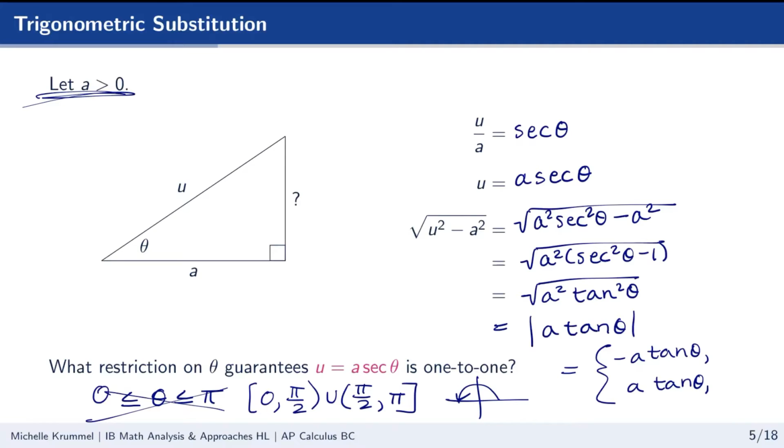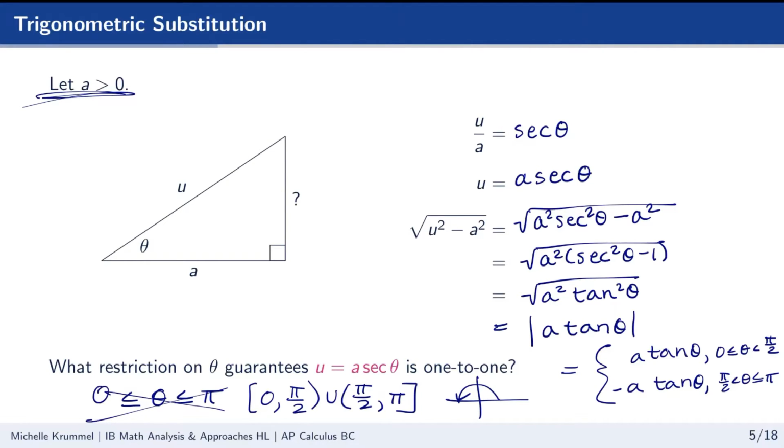So let me put the negative on the lower branch. Like that. So we can say this is for angles between 0 and pi over 2. And then from pi over 2, not including pi over 2, to pi, we're in quadrant 2, and if we want to drop the absolute value, it would be negative a tan theta.